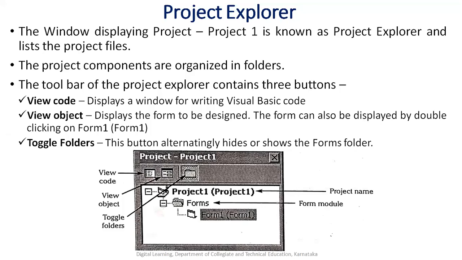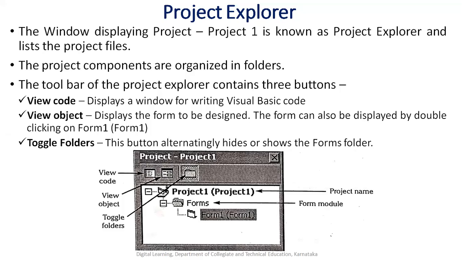Project Explorer. The window displaying Project 1 is known as Project Explorer and it lists the project files. The project components are organized in folders. The toolbar of the Project Explorer consists of three buttons: View Code, View Object, and Toggle Folder.